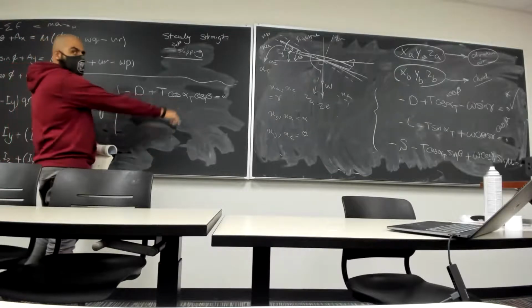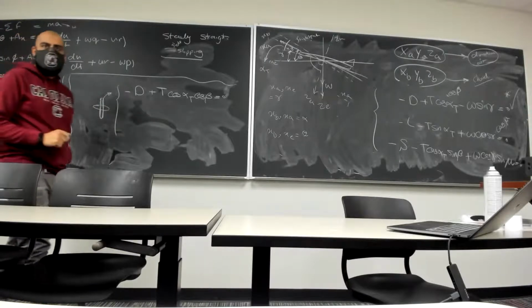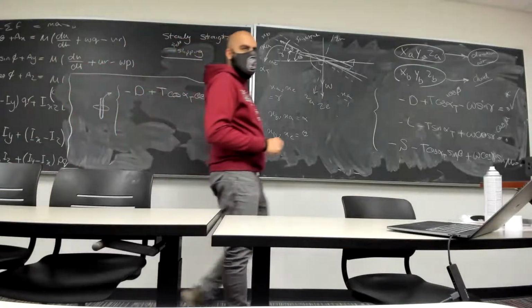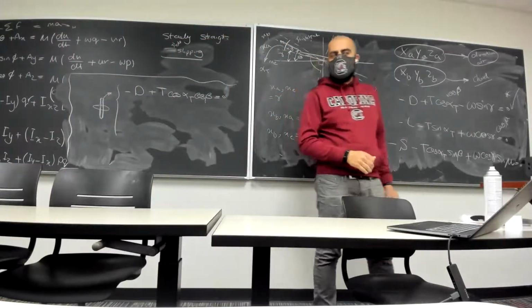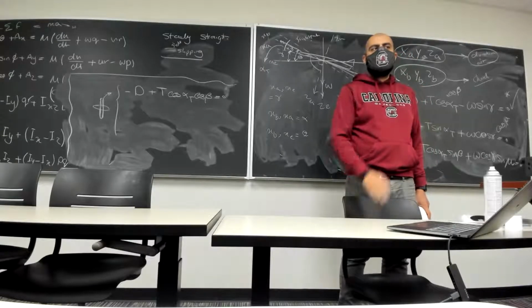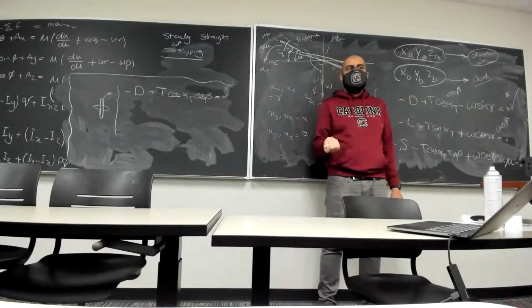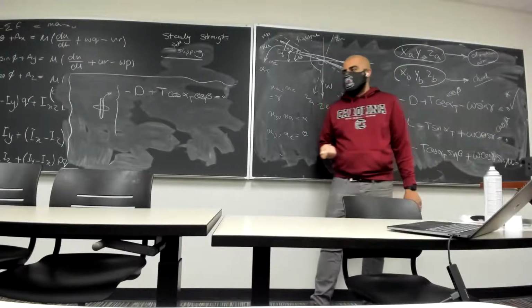Alpha of T, that's the thrust vectoring angle. Okay. So how do we determine the thrust vector? Like, let's say you're the pilot, how do you determine the thrust vector? Do we know? You haven't passed propulsion.